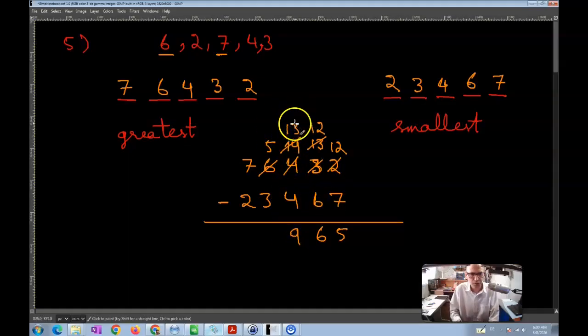So 9 plus 4 is equal to 13. 5 minus 3 is equal to 1. 7 minus 2 is equal to 5. And so the difference between the greatest number and the smallest number that we have created using these digits is 52,965.